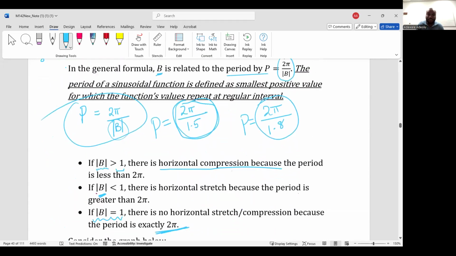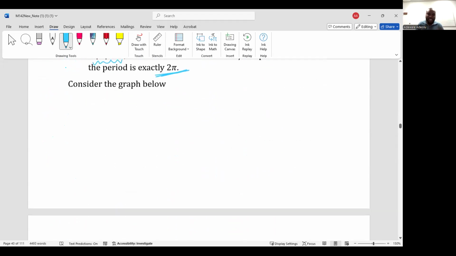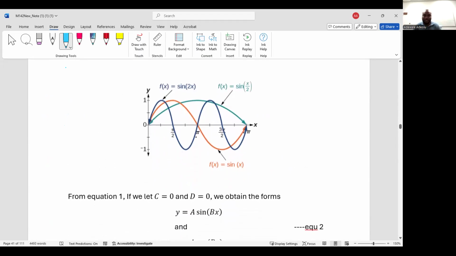Let us keep developing this idea. So consider the graph below. Just like I just walked you through it. Look at this graph, I will call it red, maybe not completely red, orange.